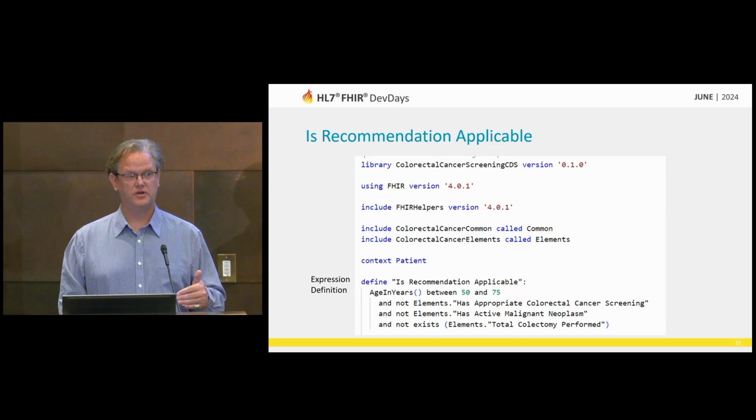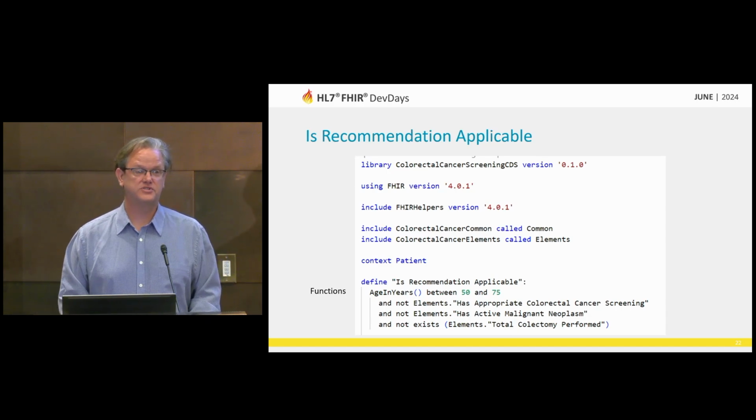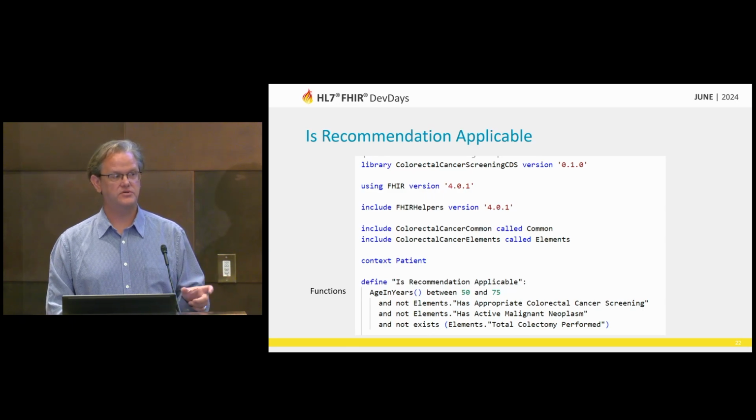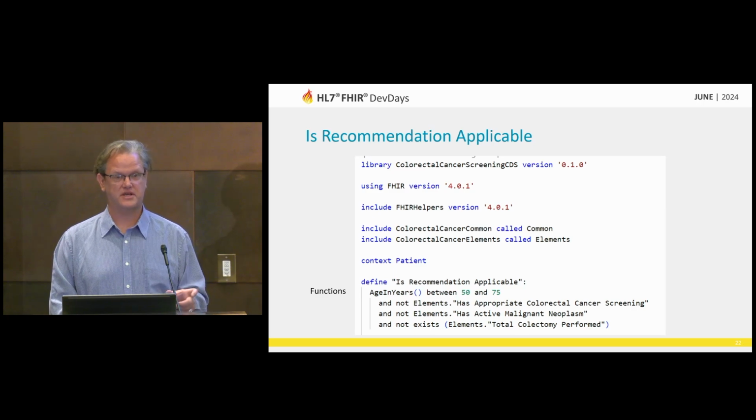If I include the library in a CQL library, I can call functions from that, functions and expression definitions. Which takes us to functions. So this is that age in years function. This is why the model needs to understand what a patient looks like so that it knows how to go ask for a patient's birth date so it can do the calculation to say what is your age in years.